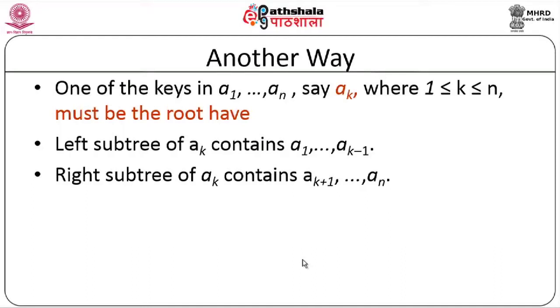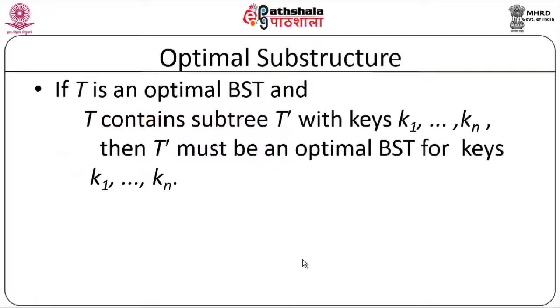Similarly, the right subtree of a k is going to contain the keys a k plus 1, a k plus 2, and so on up to a n. In other words, we can construct the tree using the arbitrary a of k, and we can find the cost.